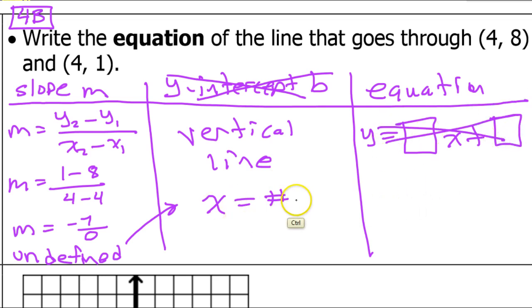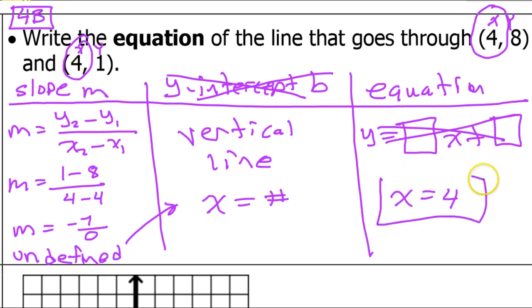It's just going to be x equals some number. What's that number going to be? Well, you can look at either one of these points. I have x and y, and I have x and y. Either one you look at, guess what x is? I know it had to be x equals something. Guess what? x equals 4. So that is the answer.